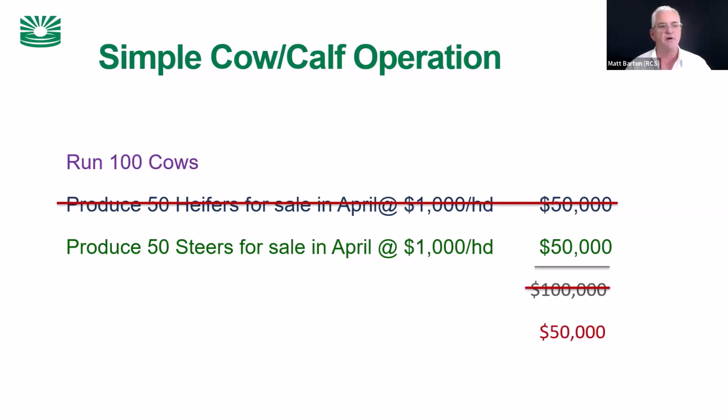Suddenly, our gross product, if we're only looking at cash, falls to $50,000. But that's not right, is it? Because we're carrying more animals. And this is why we need a trading account or a stock flow, where we're taking into account what is happening in our cash, in our bank account, and we're taking into account what is happening in the paddock.